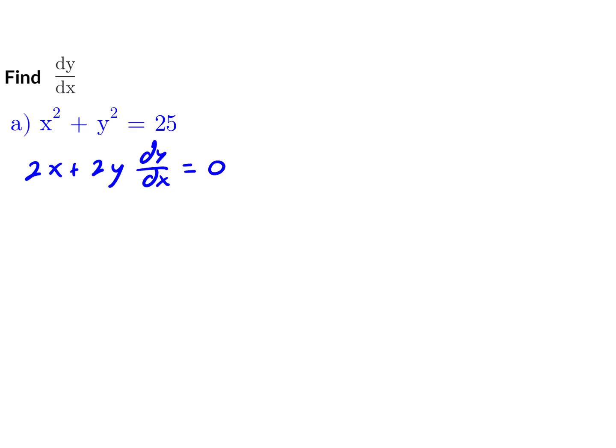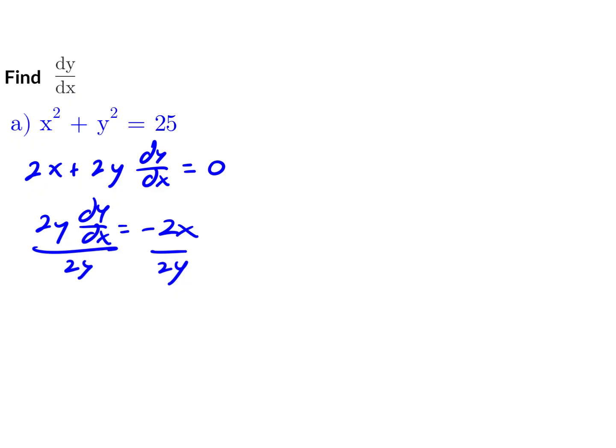Now the key thing is we have to isolate dy/dx, because that's what we're trying to find. So I have to get this by itself. And in this particular example, of course, we start off pretty easy. My first move is I've got to move the 2x to the other side. And then I have to divide both sides by 2y, and then simplify.